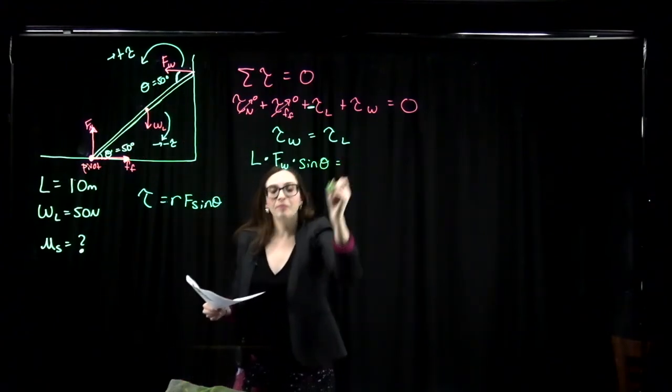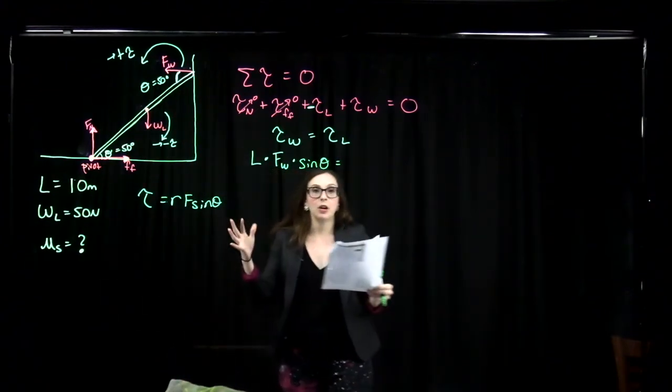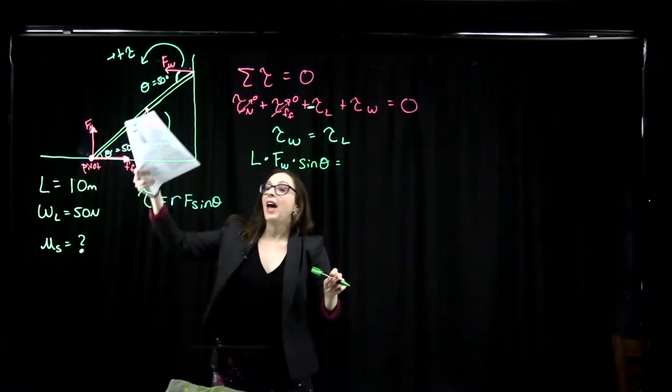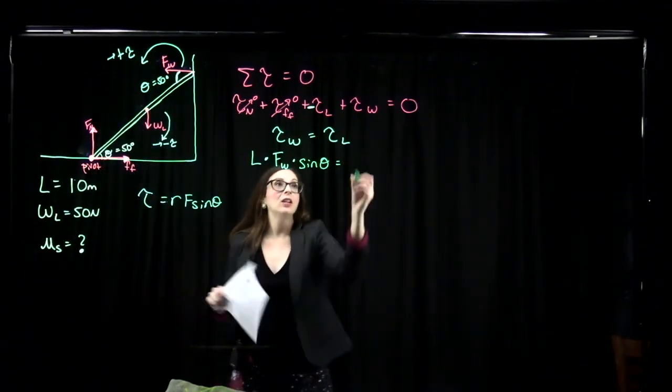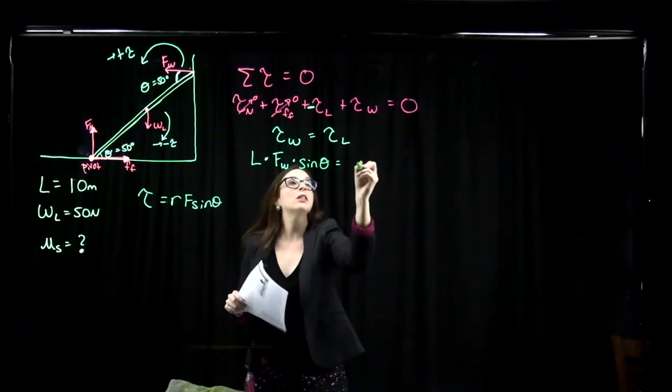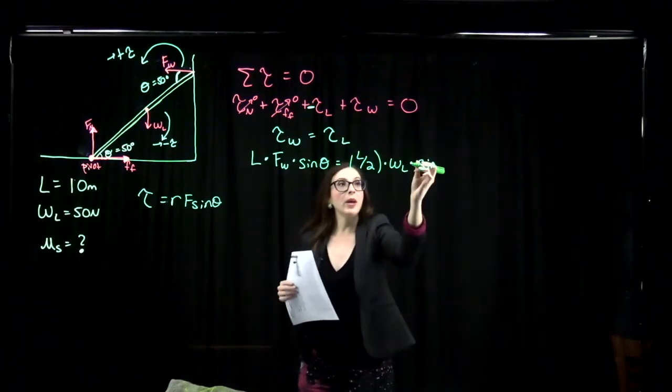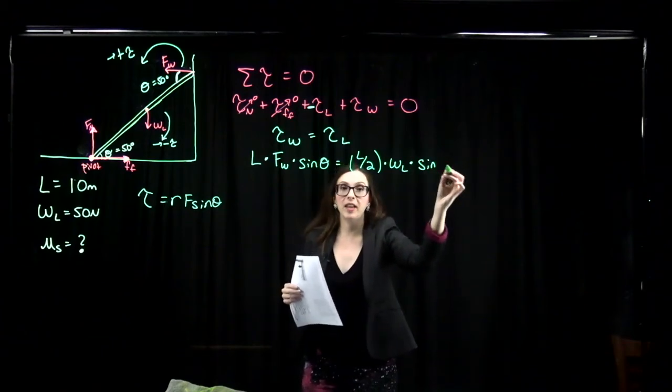Okay? And that equals the torque from the center of mass of my ladder, which is going to be centered at half the length of my ladder. So r for this torque is going to be L over 2, times the weight of the ladder, times sine of the angle.